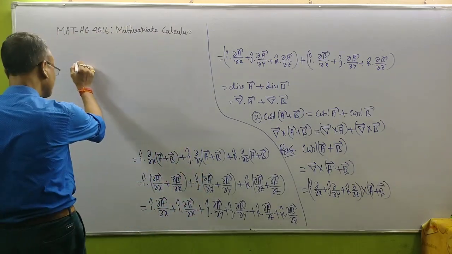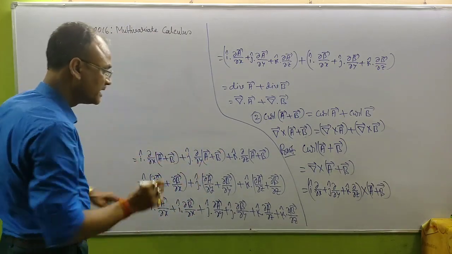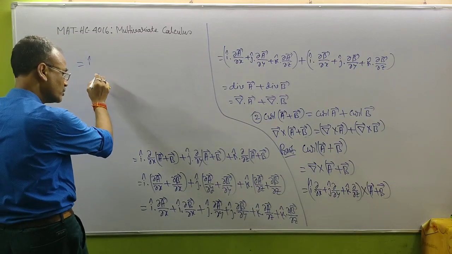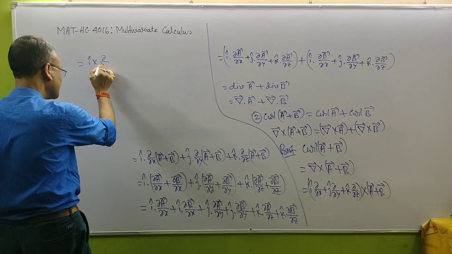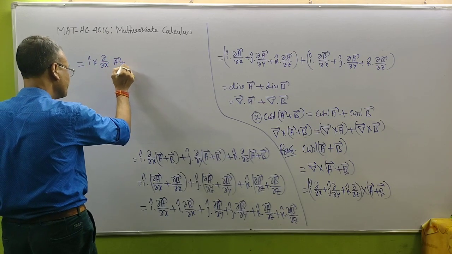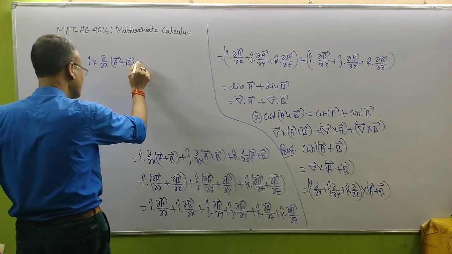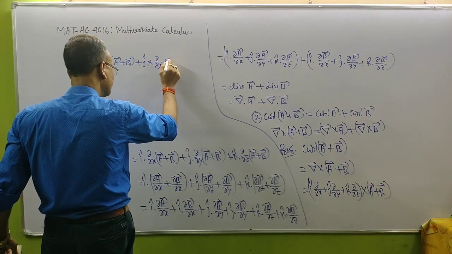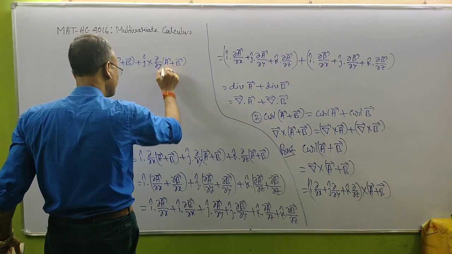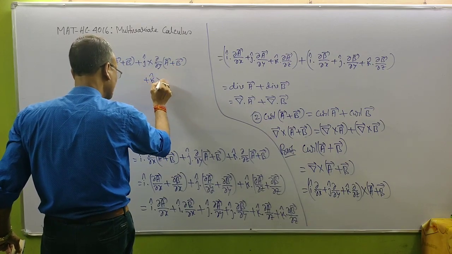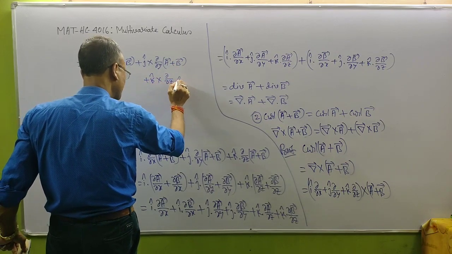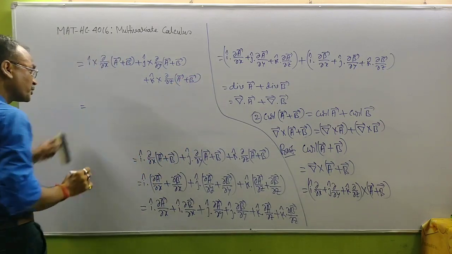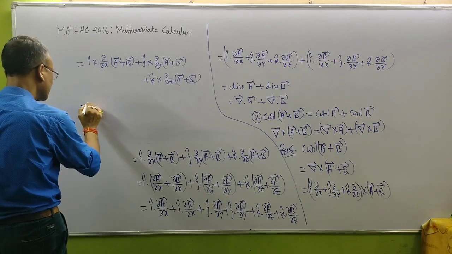This is equal to i cap cross del by del x of A plus B, plus j cap cross del by del y of A plus B, plus k cap cross del by del z of A plus B. Now, cross product is also distributive.